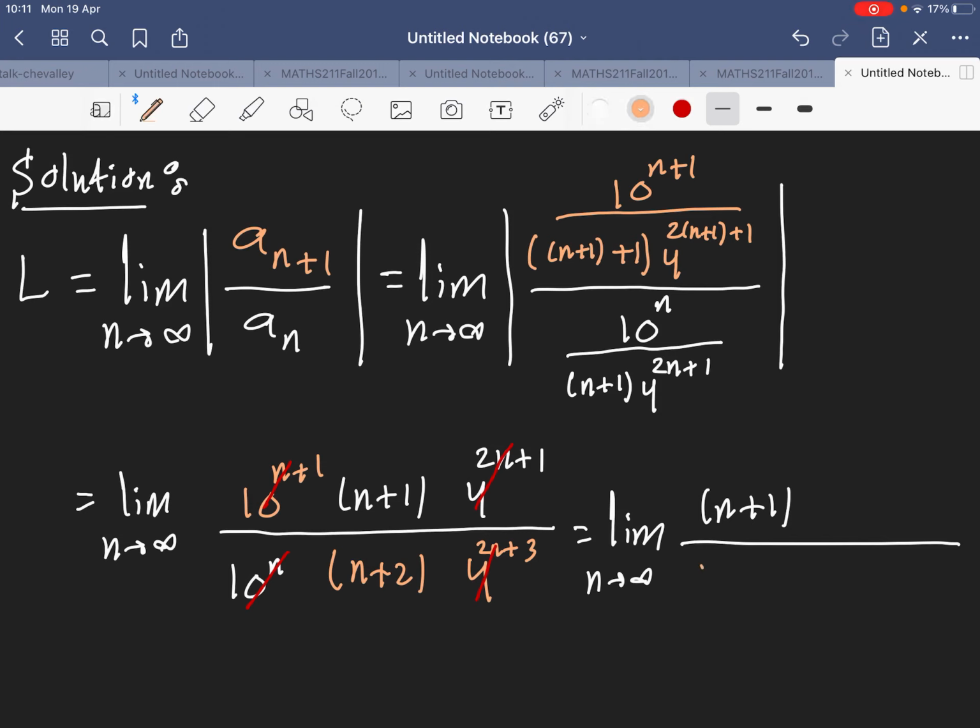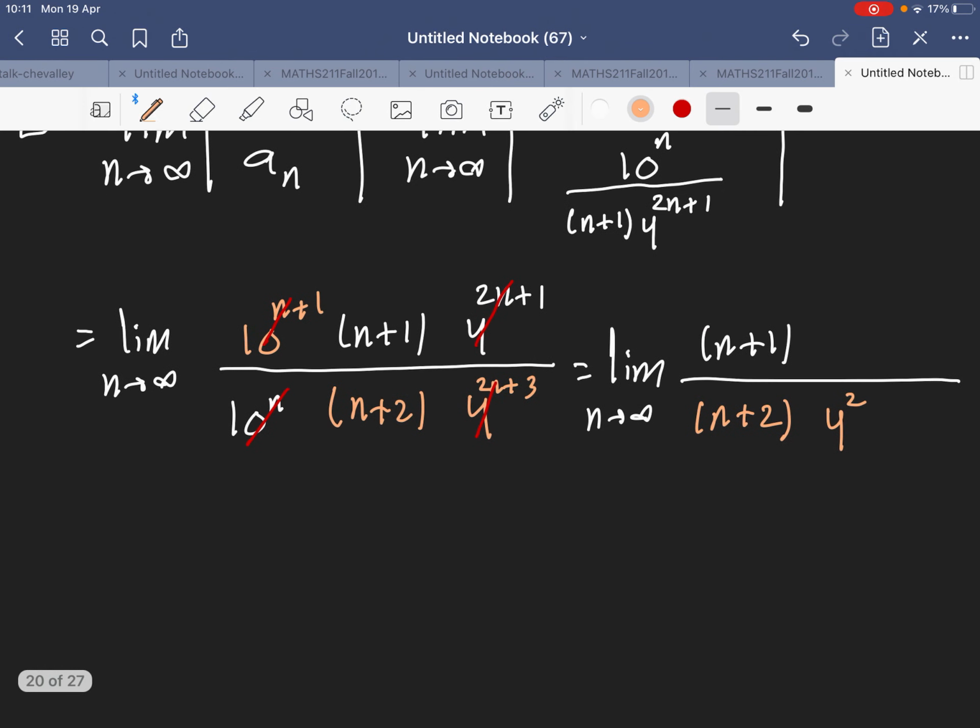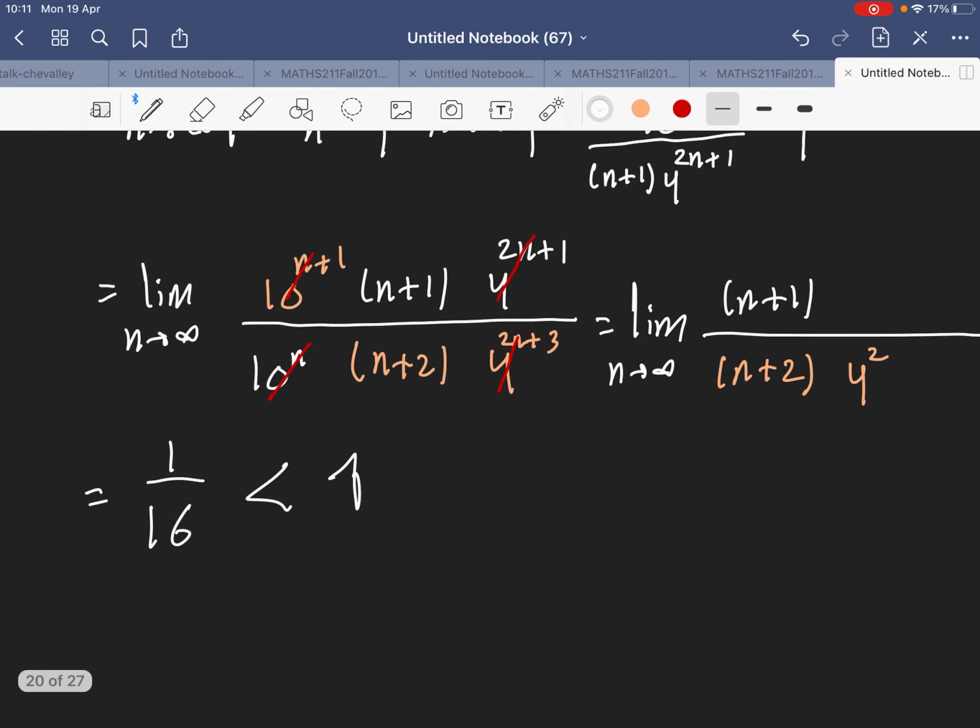And then down here I have n plus 2, and 4 power 2. Now I think this is a very easy, very simple use of L'Hopital's rule. The answer will be 1 over 16, which is of course less than 1.